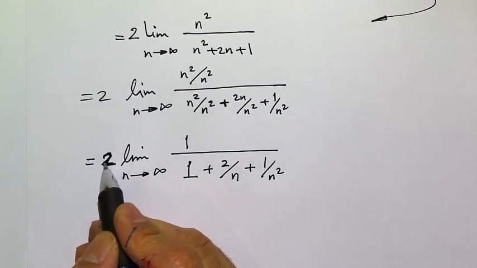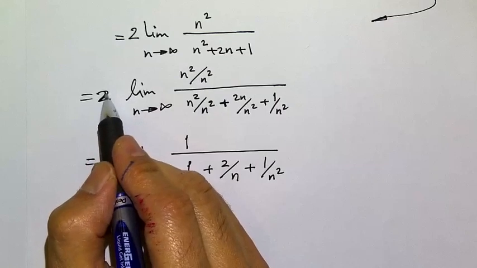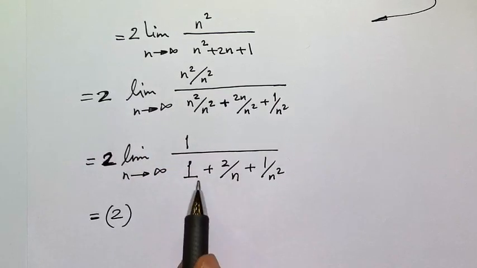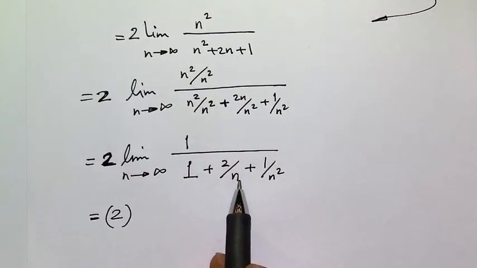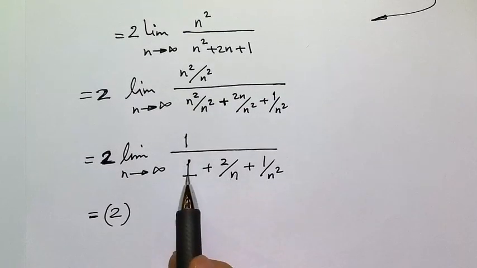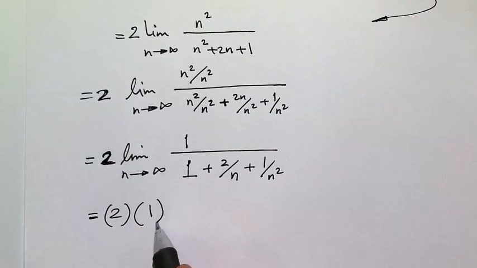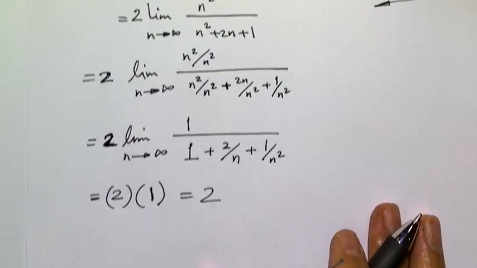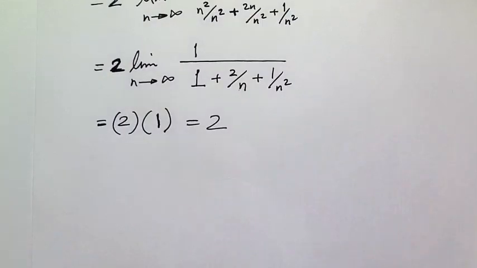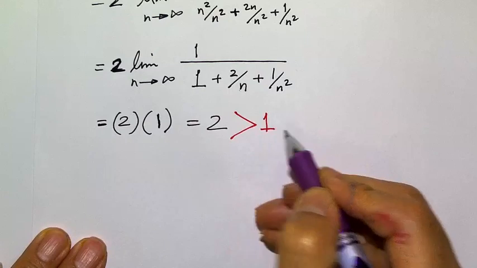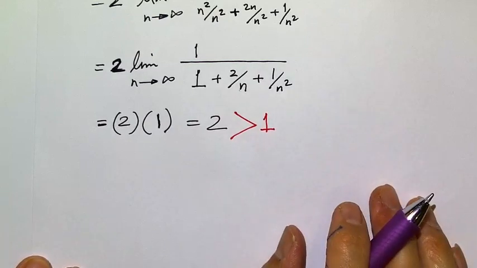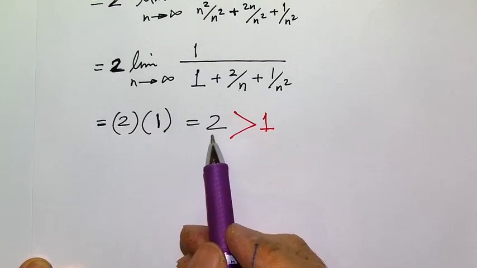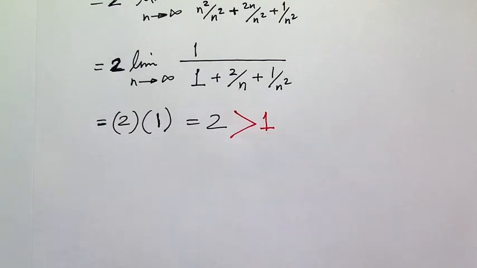Let me not forget that there's a 2 in front here. So we end up with 2 times, and these two terms will be 0, this one we get 1. So the limit will be 1, and this will be equal to 2, which is greater than 1, right? What happens by the ratio test when the limit of the absolute value of the ratios is greater than 1? It is divergent.